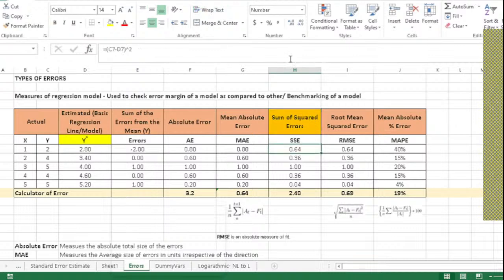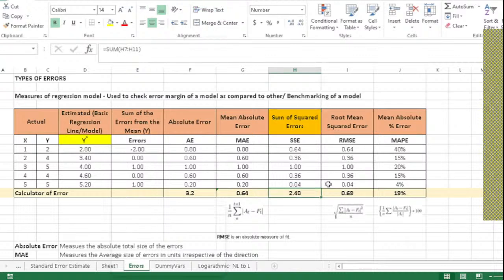First I calculate the errors and square them up. So this was my error, 0.8, the difference between these two, and I square it. So it comes to be 0.64. Similarly, I do it for all others and then I sum them up. So that becomes my sum of squared errors.